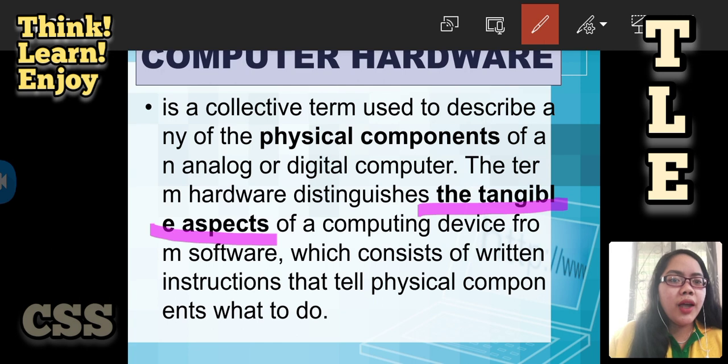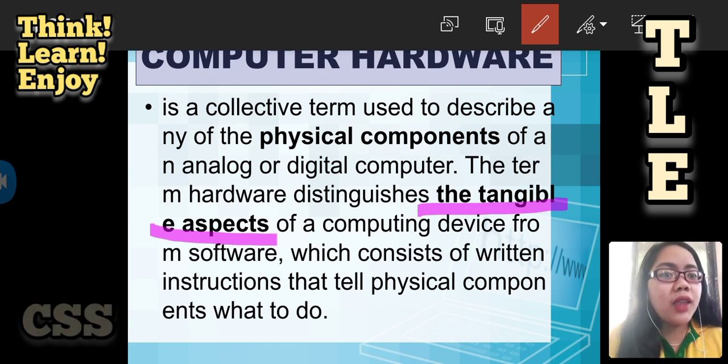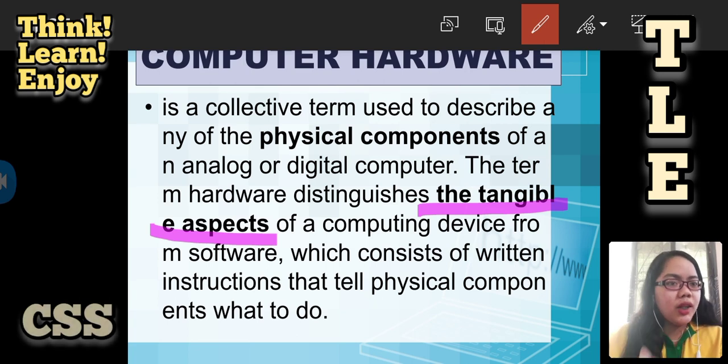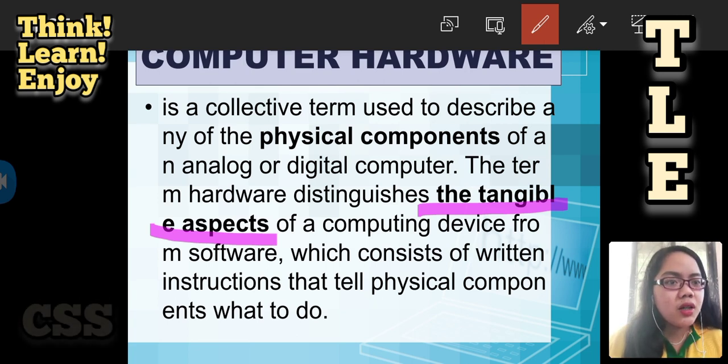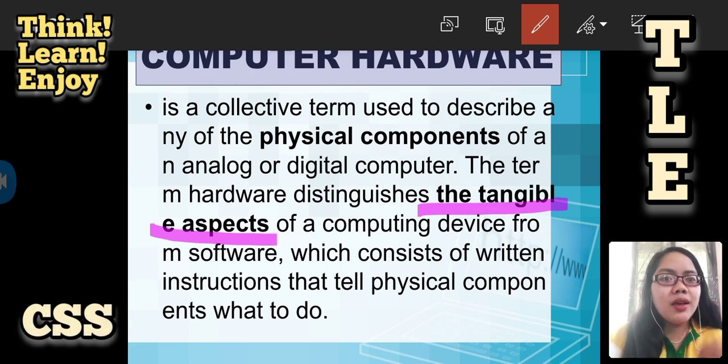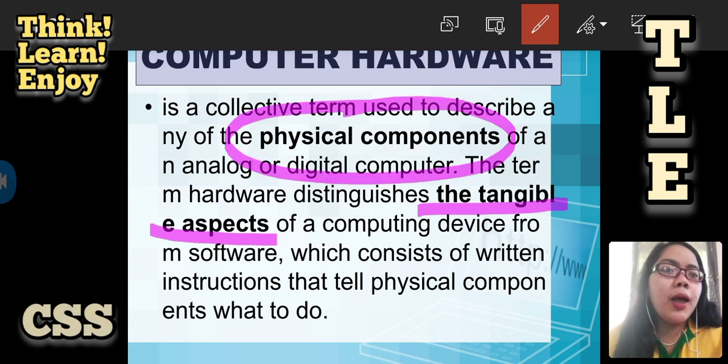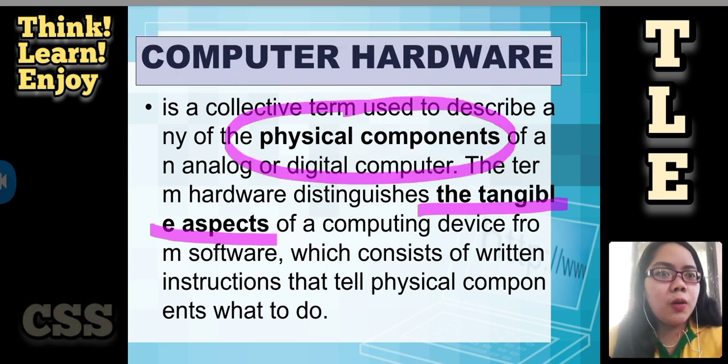So, ano-ano ba yung mga example ng mga parts of the computer that we can touch? So, nandyan yung kanina, yung desktop, keyboard, printer, speakers, mouse, the system unit, and so on. So, yun yung mga physical components.